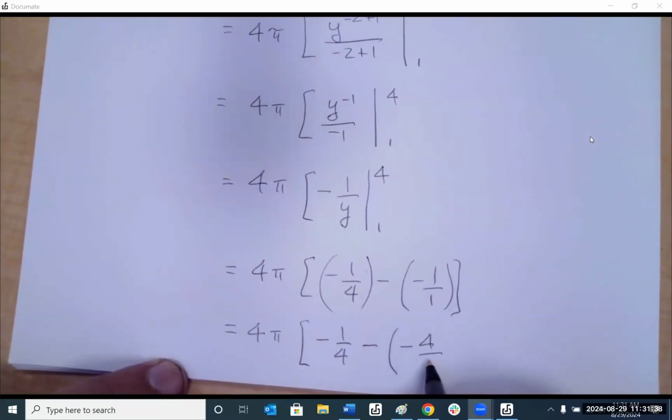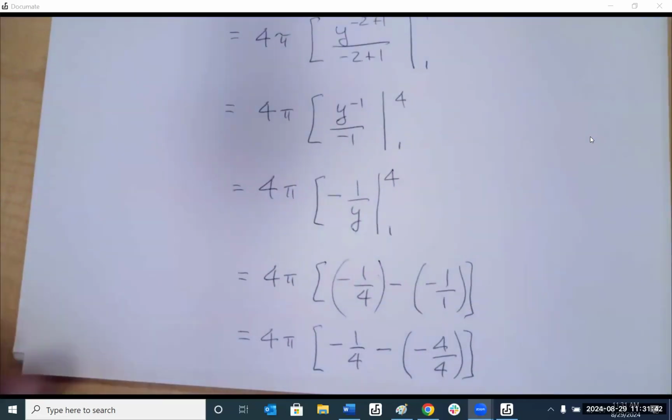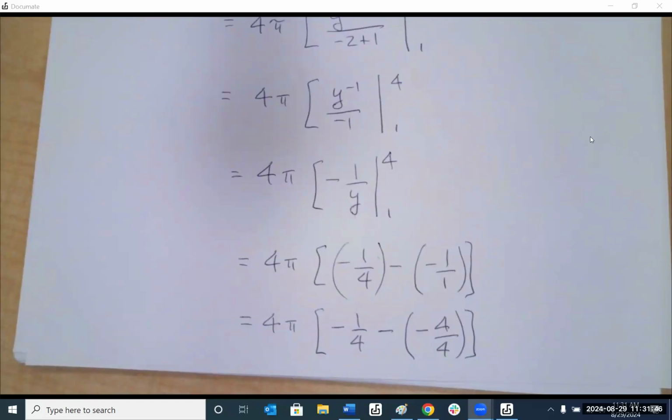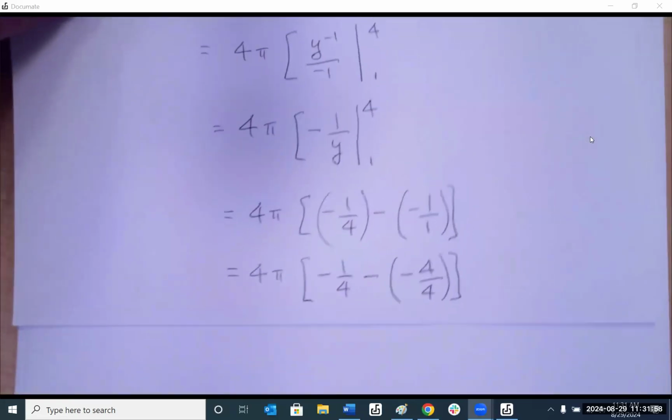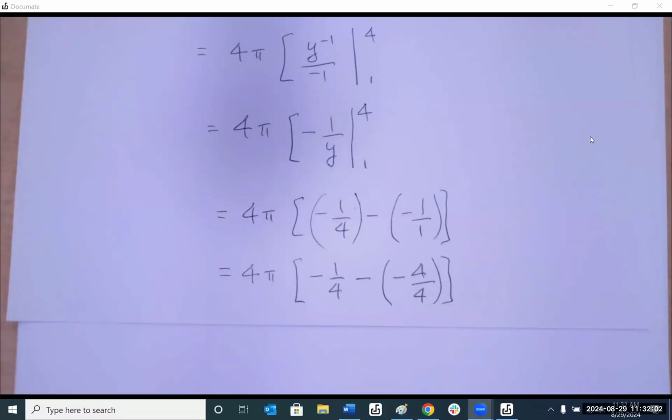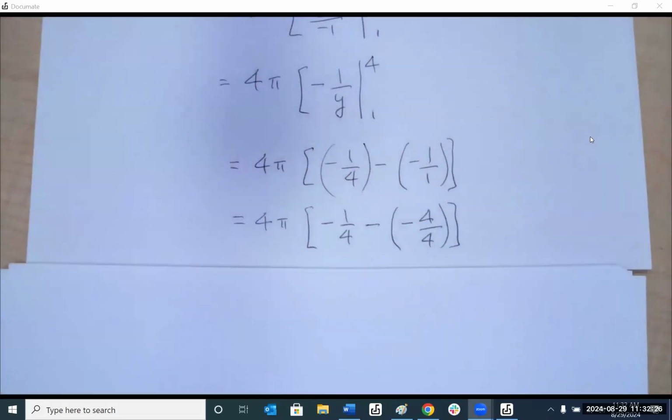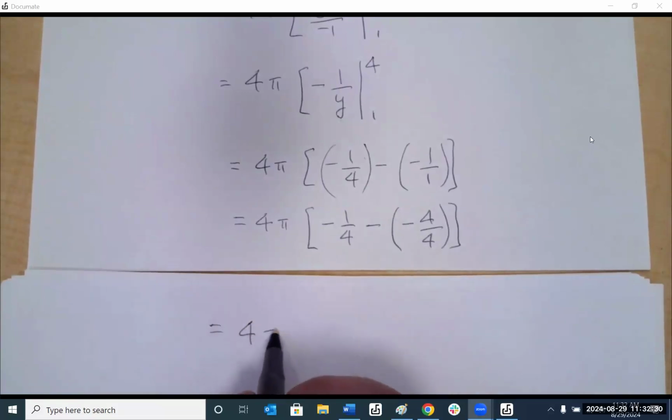This is going to be -4 over 4. So we have, if everybody finished this page? -1 over 4.